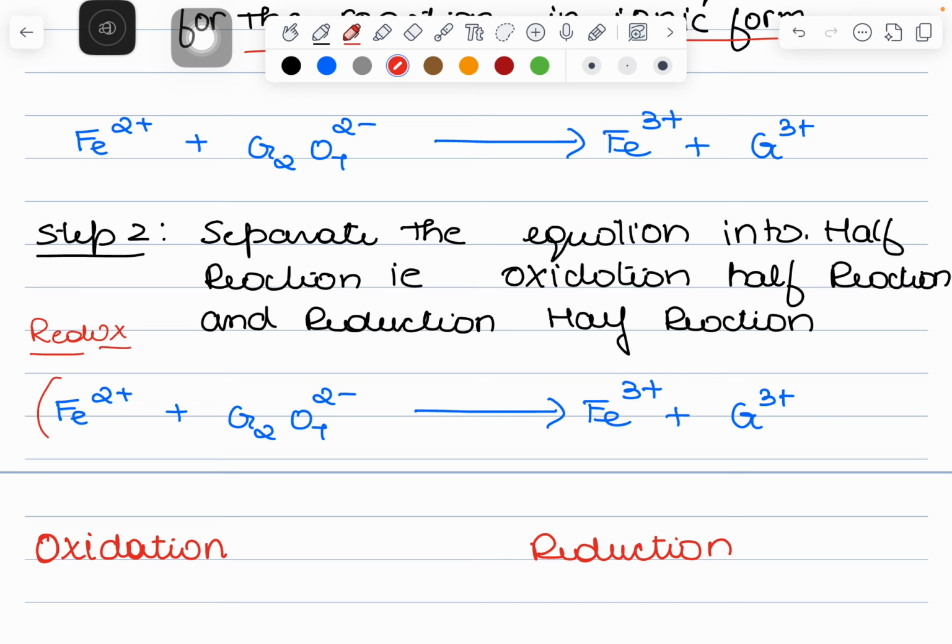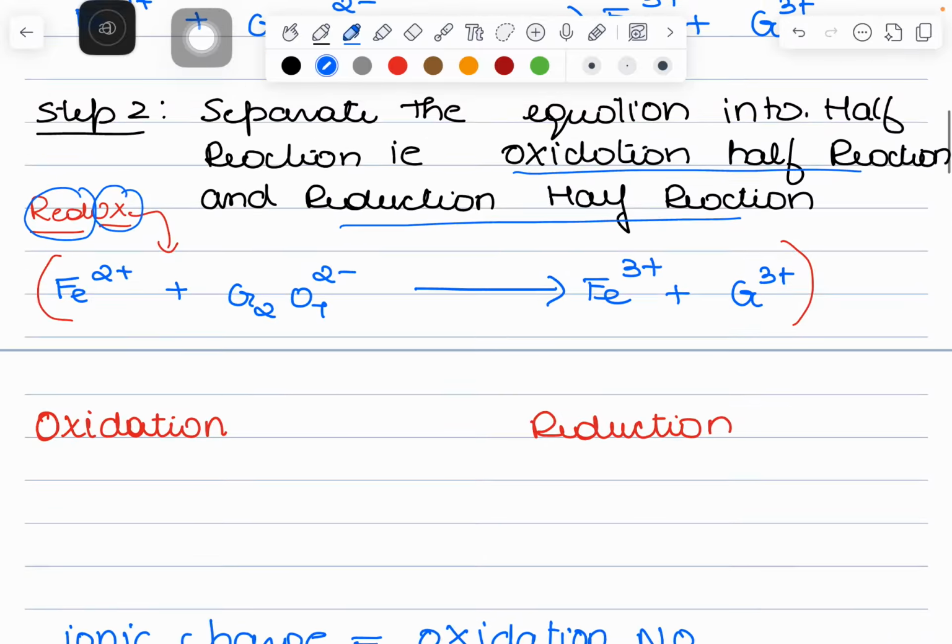In the whole equation we have to see which part is reduction and which is oxidation. Half of the reaction is based on reduction, so it is called the reduction half reaction, and half is based on oxidation, so it is called the oxidation half reaction.